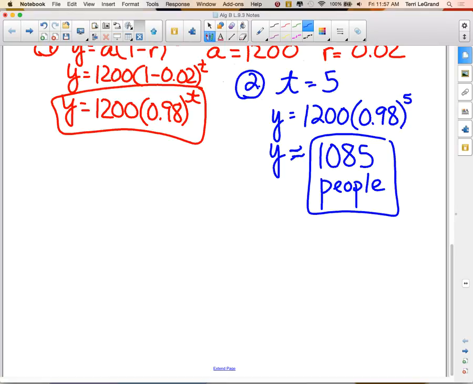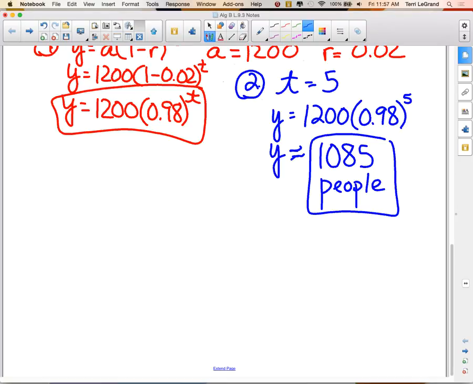Okay. Does our answer make sense? Yes. Okay, why? Go ahead, Julia. Yeah, it's less than the starting amount and it's decreasing. So don't just be happy to have an answer and trust that your calculator was good to you.